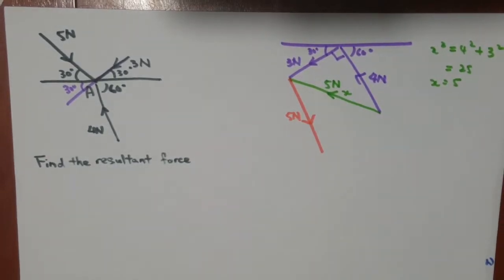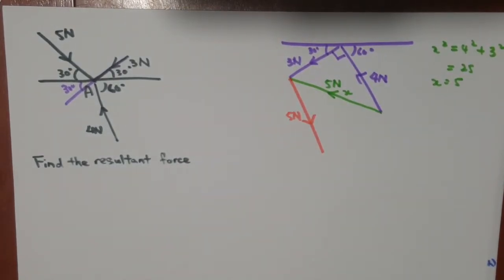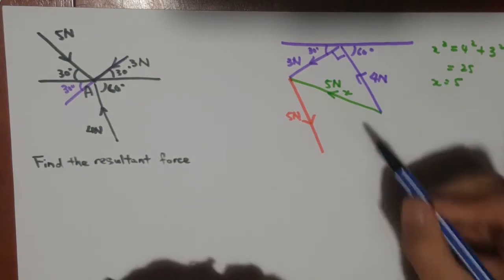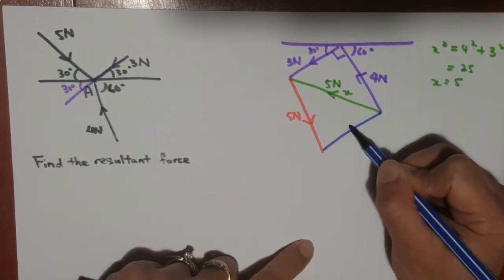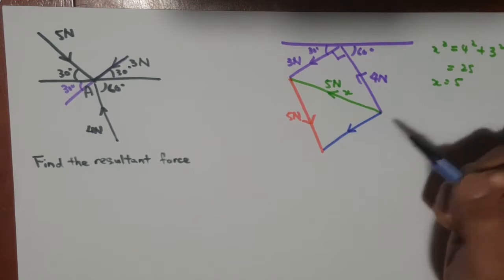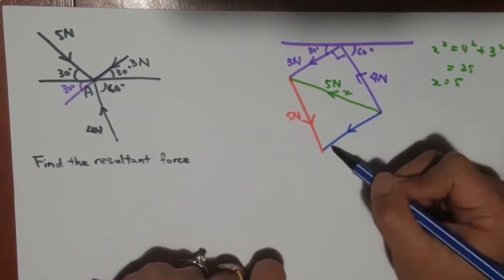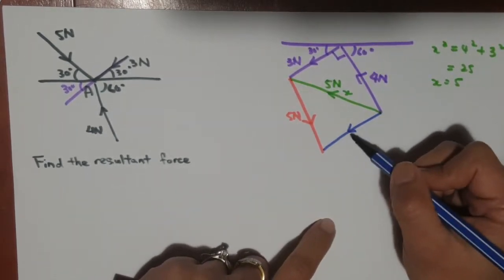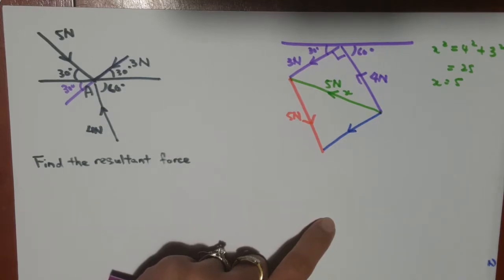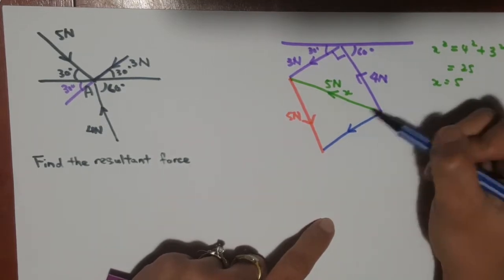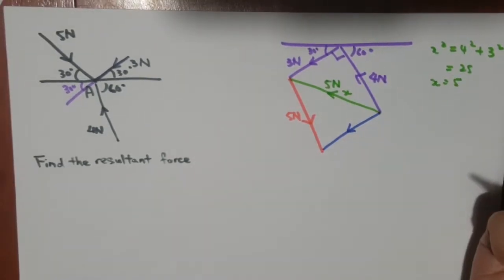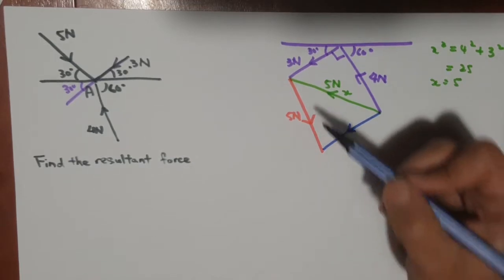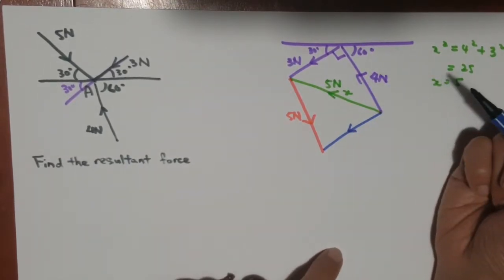We know the resultant vector needs to be this one here. How are we going to find the length of this one? We can only find it if we know another angle from this triangle, because this is not 90. We can use the cosine rule, but we still need to find an angle.